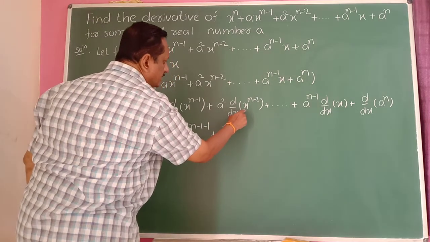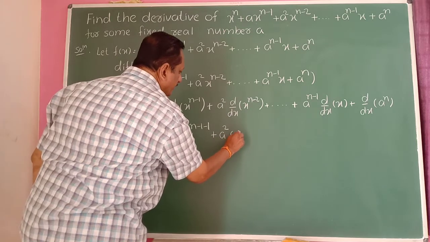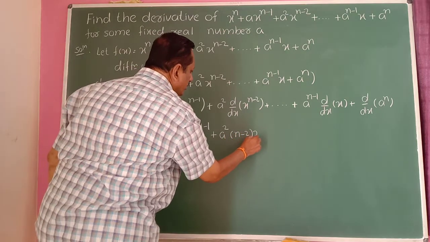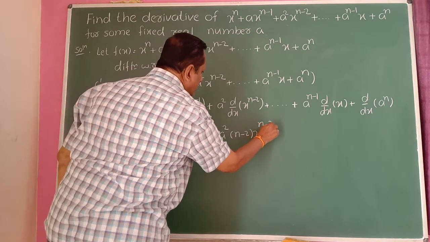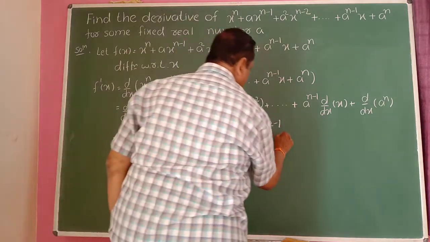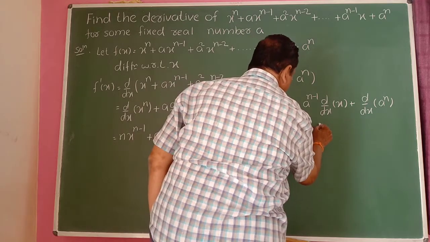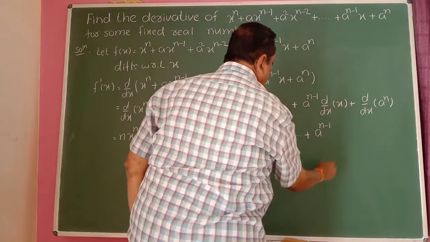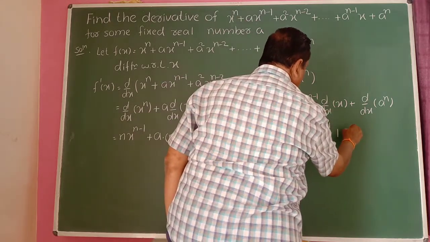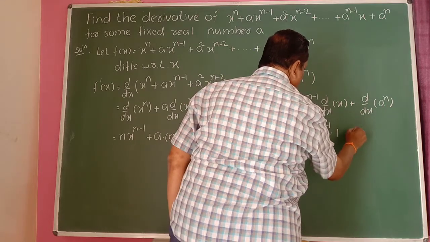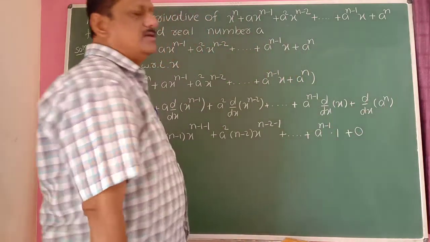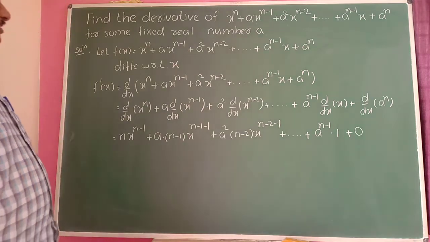X raised to n minus 2 differentiation is n minus 2 into x raised to n minus 2 minus 1, then plus continue like that, plus a raised to n minus 1 keep as it is. Differentiation of x is 1, plus differentiation of a raised to n is 0 because it is a constant. Differentiation of a constant is always 0.